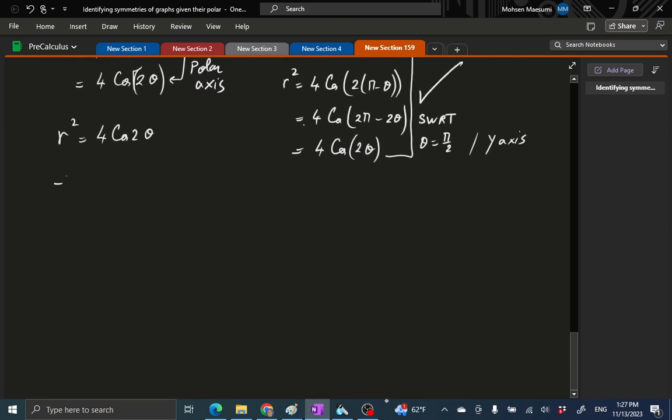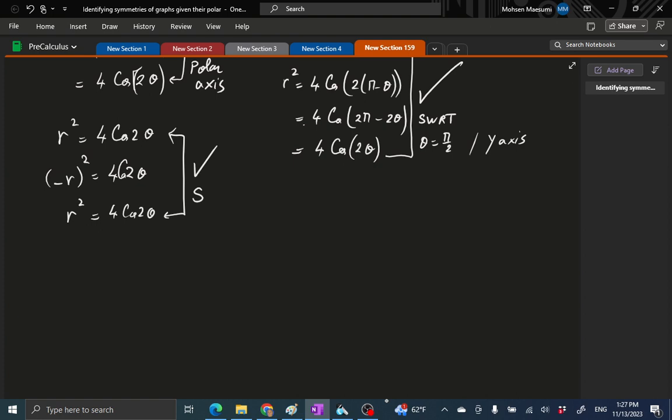I change r to minus r, leave everything alone, and then I ask myself, is the new equation the same as the old equation? Well, of course it is, because minus r squared is just r squared, positive. At the end, when I simplify, I go back to whatever I had at the beginning. So that is symmetric with respect to the pole, or the origin.